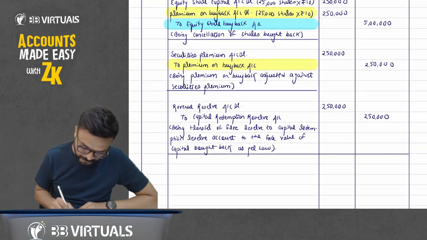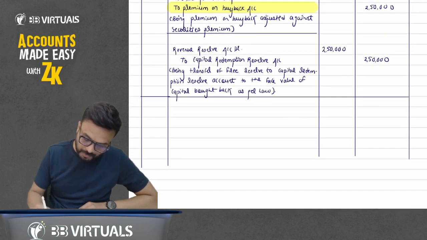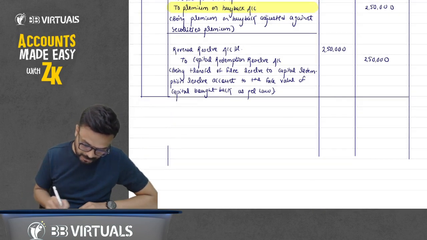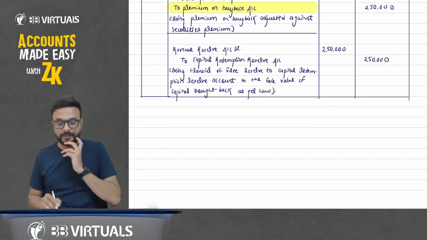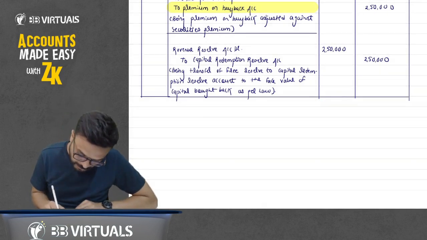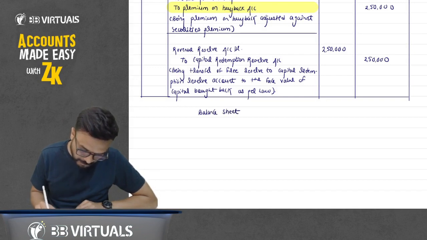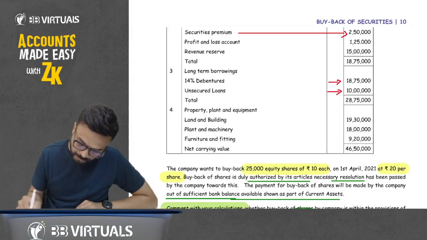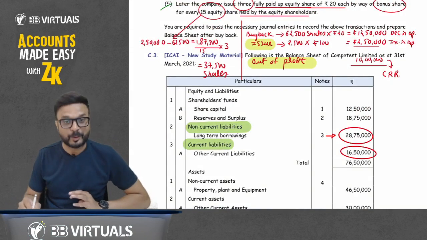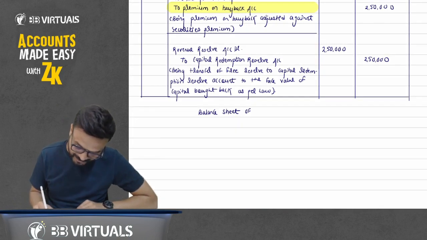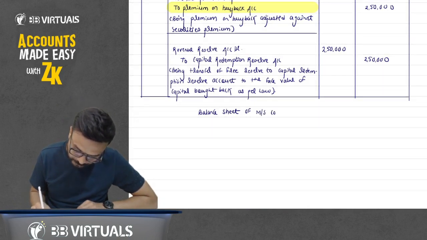Only 4 entries. It is also asking the question to prepare balance sheet. Now we will prepare the balance sheet. So write down there balance sheet of Mrs. Competent Limited.